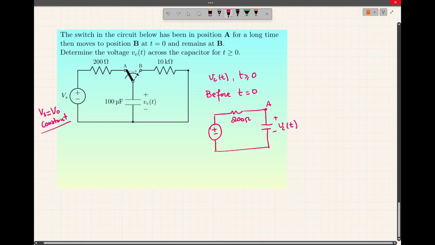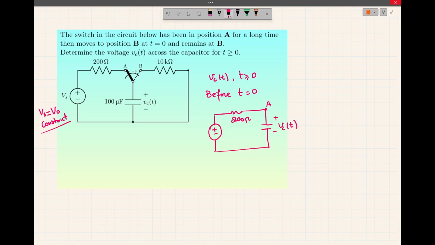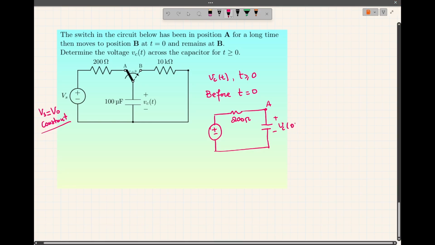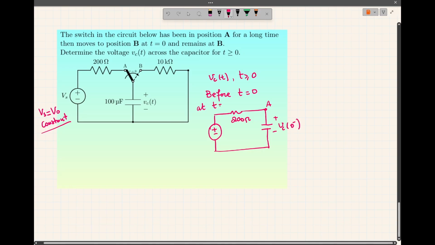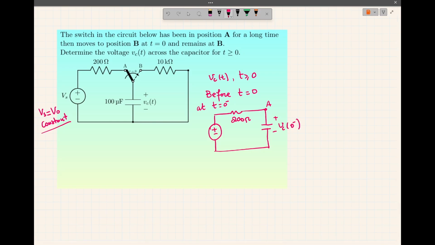So we need to find Vc of 0 minus, right before t equal to 0, that means right before the switch moves to point B.